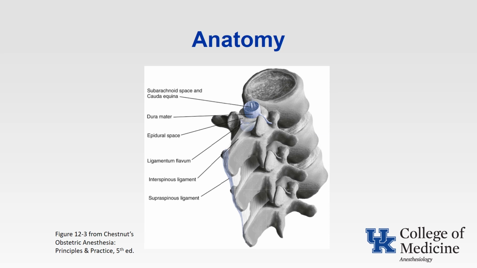Now, when you're doing a spinal anesthetic, you're not using a loss of resistance technique. You are essentially advancing the needle until you feel what you think is a pop. Whenever you feel that change, you will check to see if you have spinal fluid, because as you look at your anatomy here, that spinal needle also is going to go through the overlying ligaments and then into the epidural space.